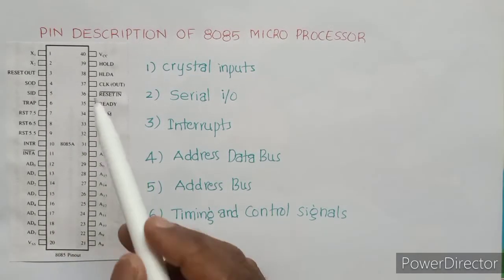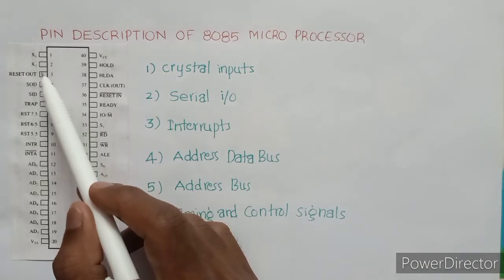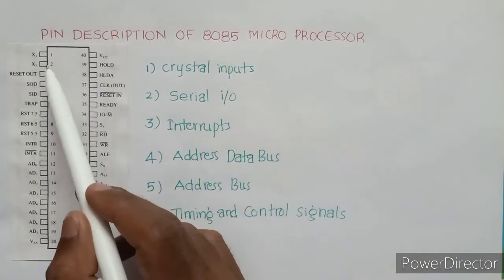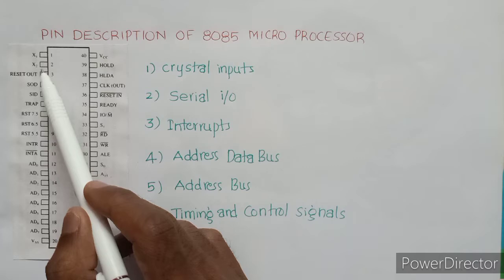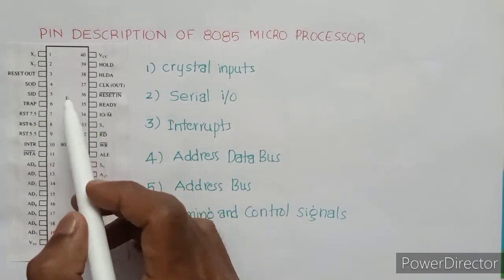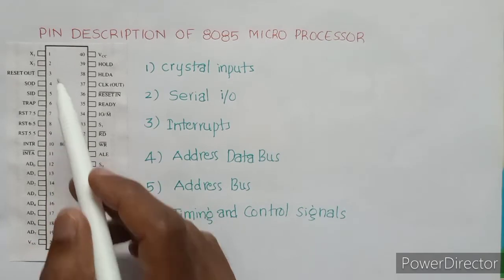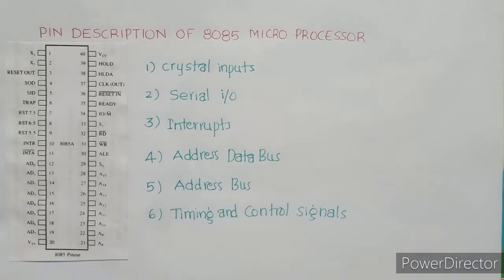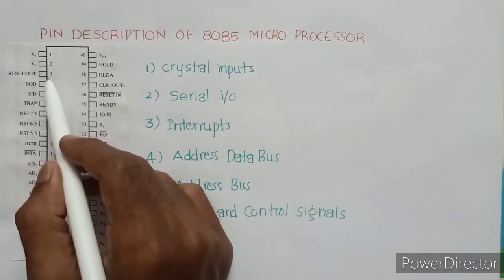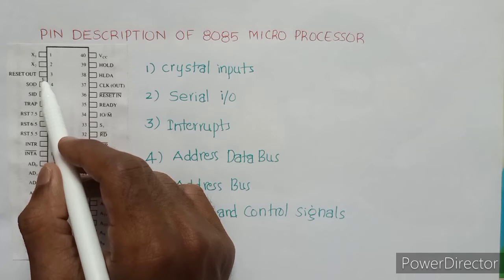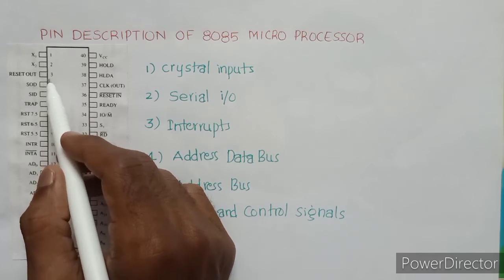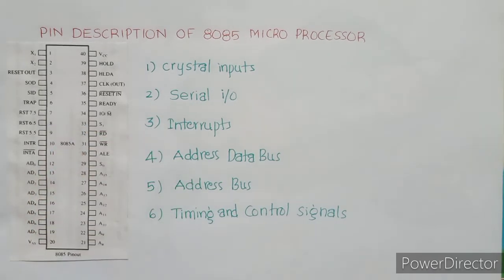So X1 and X2 are crystal input connectors. Next, the third pin is reset out. It indicates that the CPU is being reset.